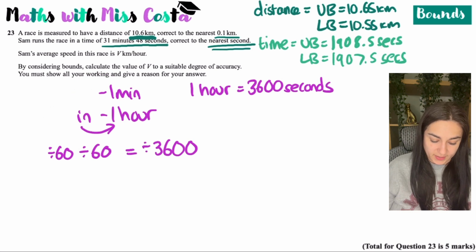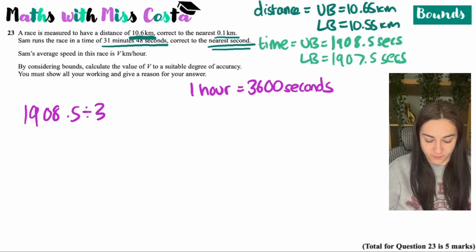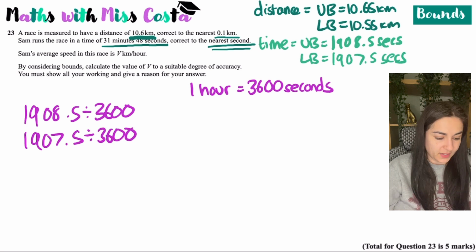Okay, so let's calculate the new lower bound in terms of hours. I'm going to do 1,907.5 divided by 3,600 and 1,908.5 divided by 3,600.